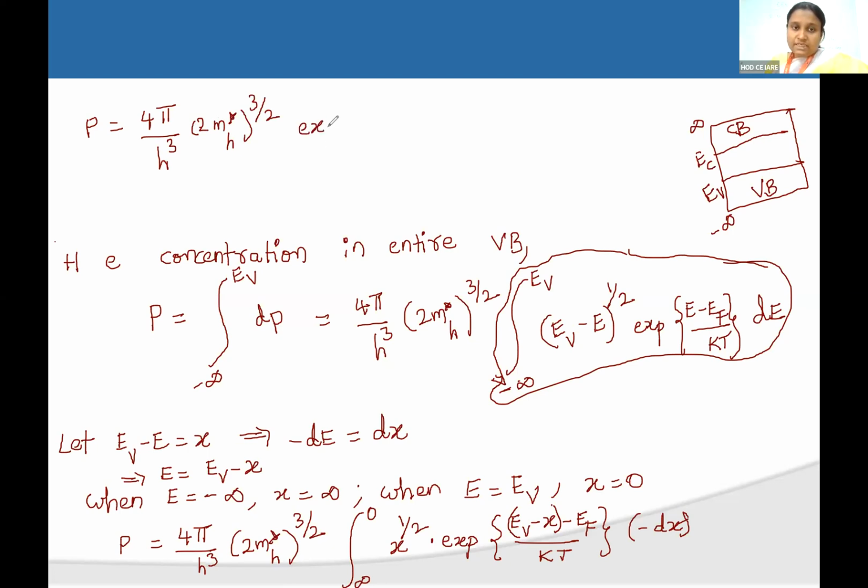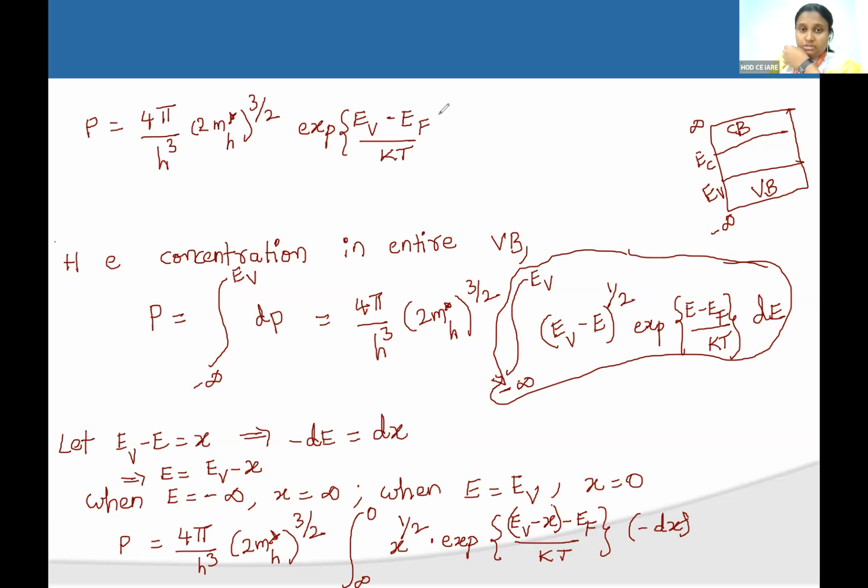And what else can I take outside? Here we'll take E_V, sorry, exponential of (E_V minus E_F) by kT. If you have any doubt, please ask me. Don't just keep quiet. You should come out with your doubts now.